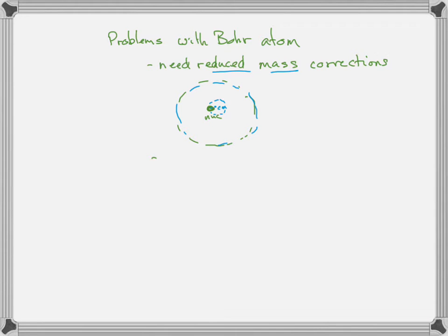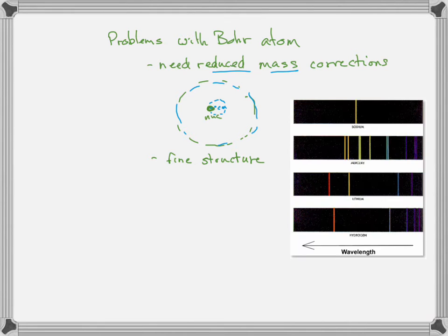Another thing that's not predicted by the Bohr atom, which I talked about during the demo, is that it doesn't predict fine structure. So the atomic spectra, remember we had these kinds of emission spectra when you put energy into a dilute gas of hydrogen, in this case it's a little blurry, but mercury, sodium, lithium, that you get out a discrete spectrum of light.